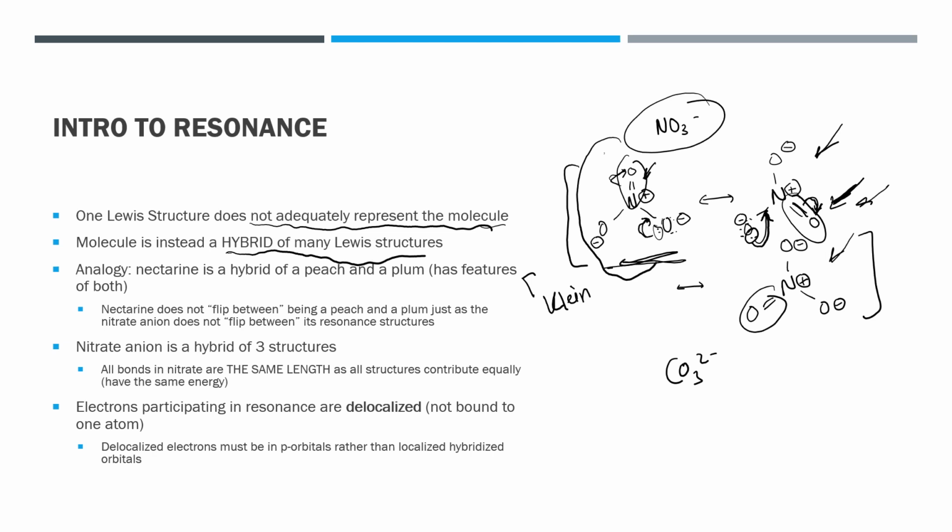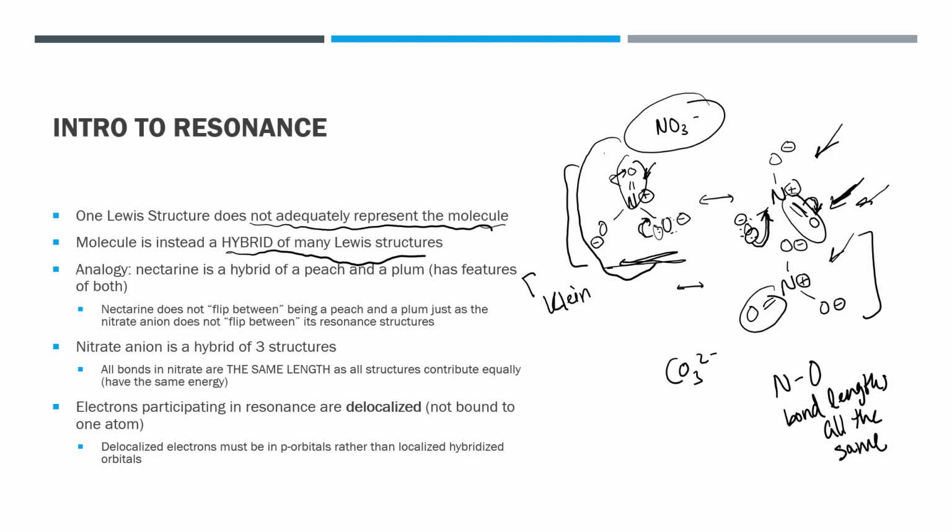It's going to be in the middle of the length of a single bond and the length of a double bond, because it's not a true single bond, since one of these Lewis structures has a double bond to that oxygen, but it's also not a full double bond, because there are 2 of these Lewis structures that don't have a double bond to that oxygen, right? So our NO bond lengths, and this is something important, are all the same.